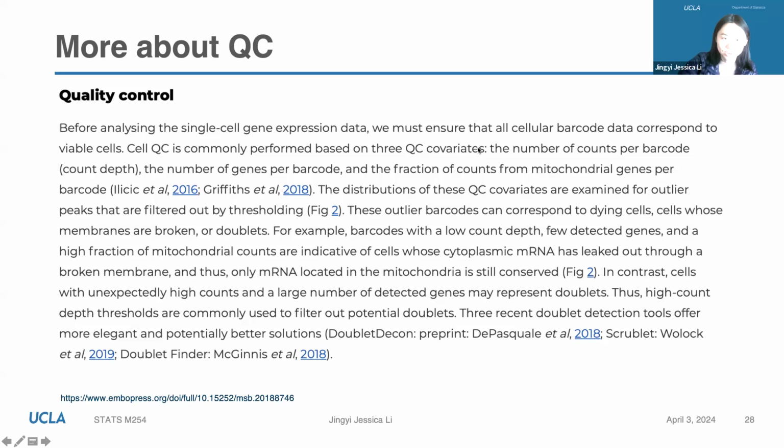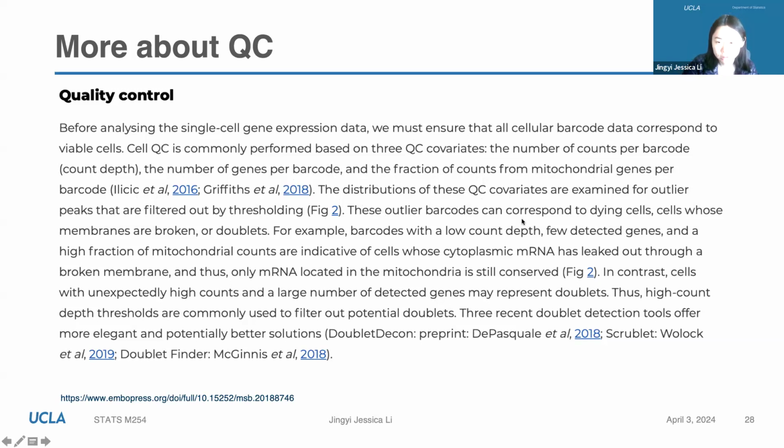It's another jargon people use interchangeably. There are three QC covariates: the number of counts per barcode, the count depth, the number of genes per barcode, and the fractional counts from mitochondrial genes per barcode. Okay, so we have revisited this again and again. The distributions of these QC covariates are examined for outlier peaks that are filtered out by thresholding. So we'll see one example very soon. Next slide to see how the filtering is done in this paper.